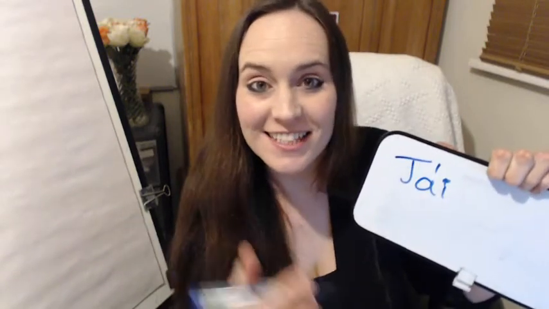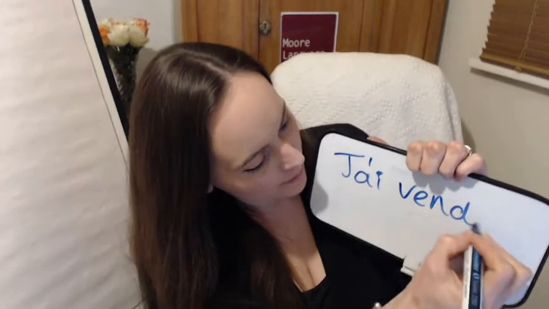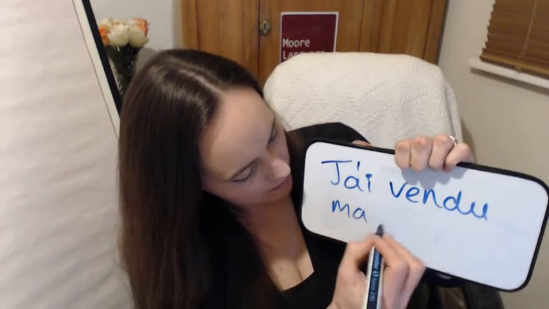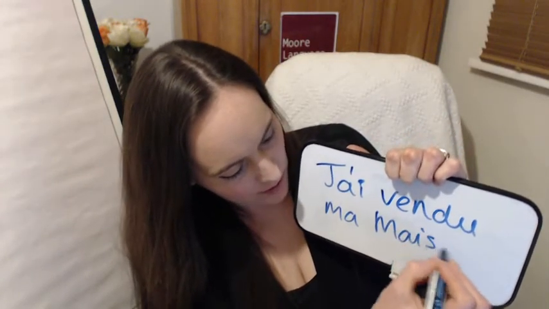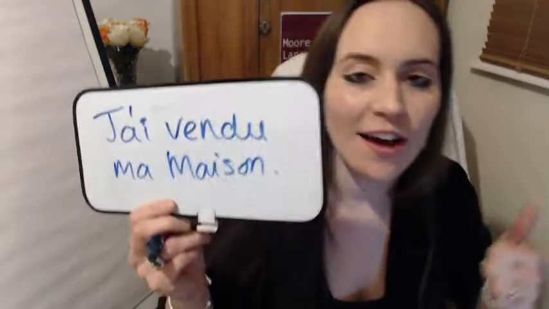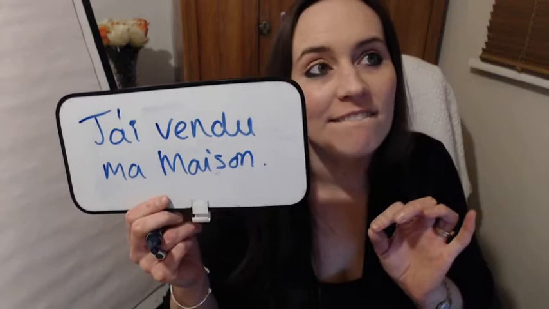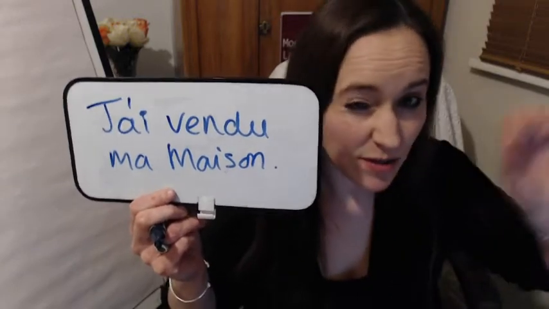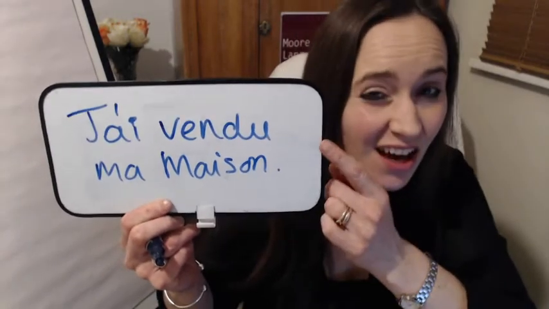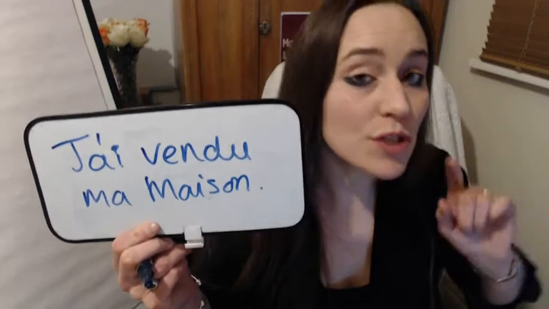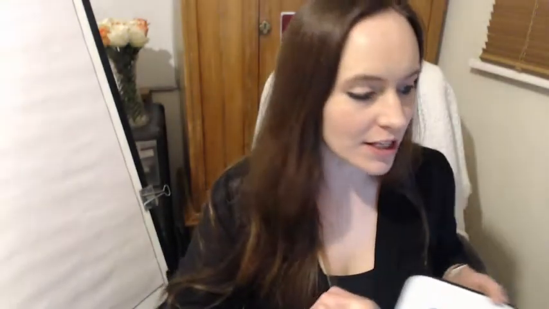J'ai vendu ma maison, la maison, si tu veux. So our ER verb goes to E accent, IR verbs go to an I, and our RE verbs, if they're regular, go to a U. However, we're looking at irregular verbs.